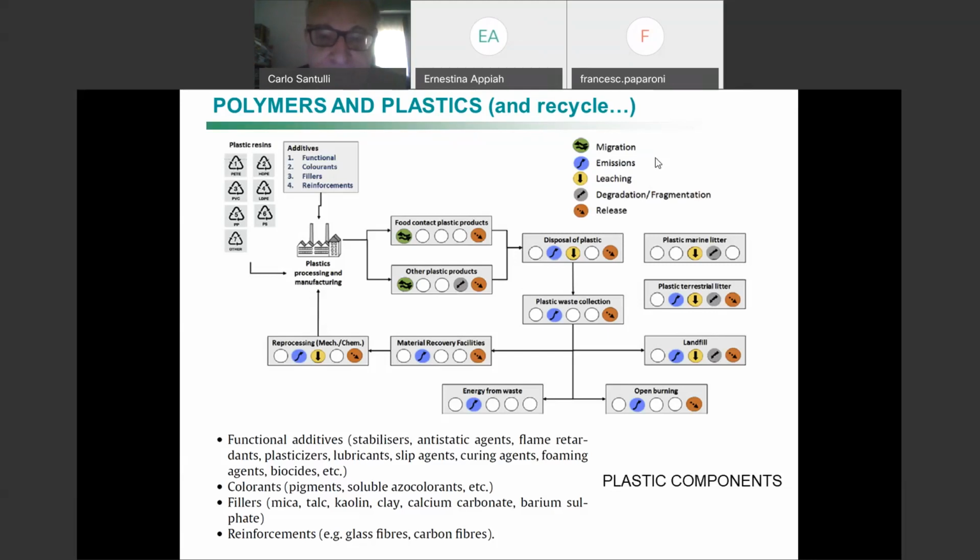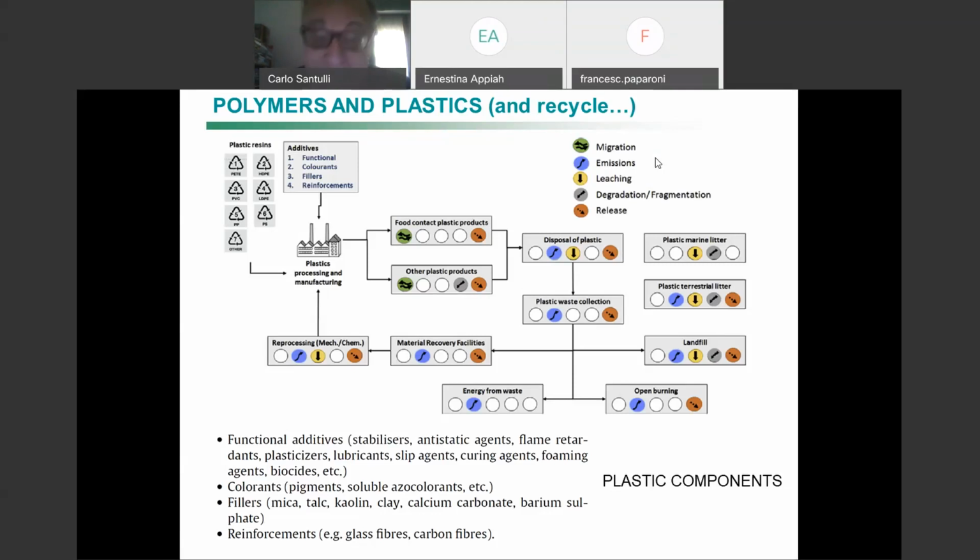And then we have, for example, some substances which have some antibacterial effect, others which might create a foam. Instead of having a solid plastic, you would have a foam.